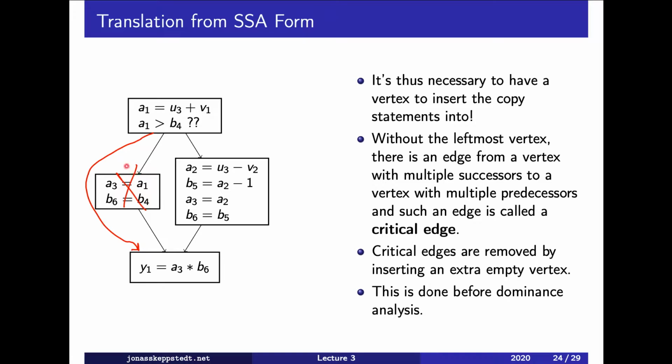This edge, the red edge here, is called a critical edge. And a critical edge is from a vertex with multiple successors to a vertex with multiple predecessors.